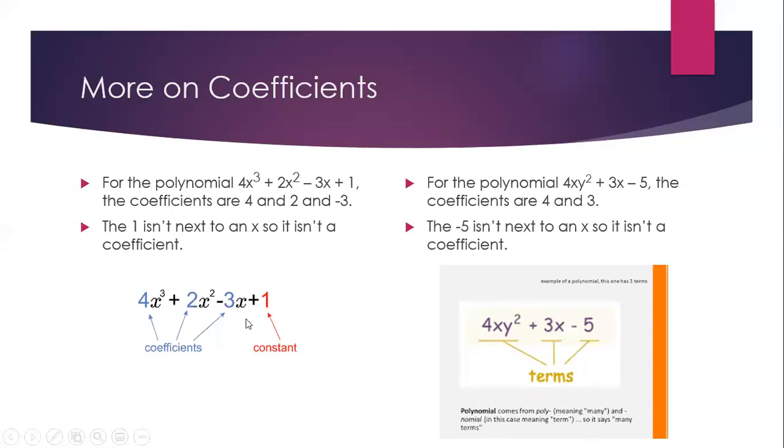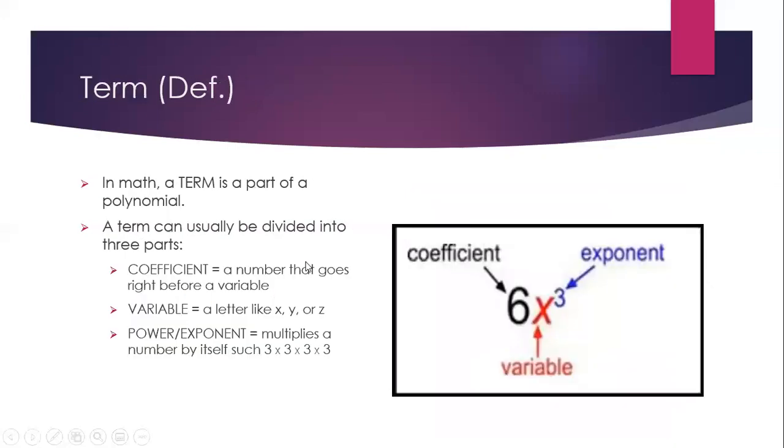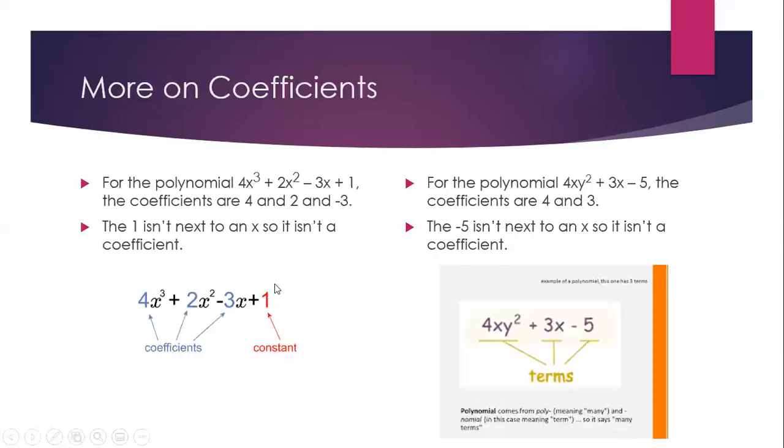But for some reason, it's not being called a coefficient. We're calling it something different. These are called coefficients, and this isn't being called a coefficient. So why is that? Well, think about the definition of a coefficient. The definition of a coefficient is a number that goes right before a variable, i.e. a letter. So let's look at this 1.